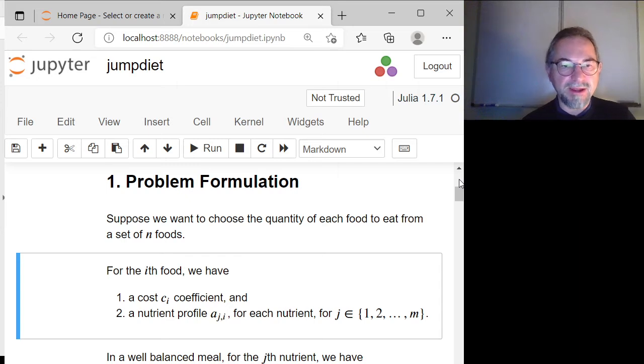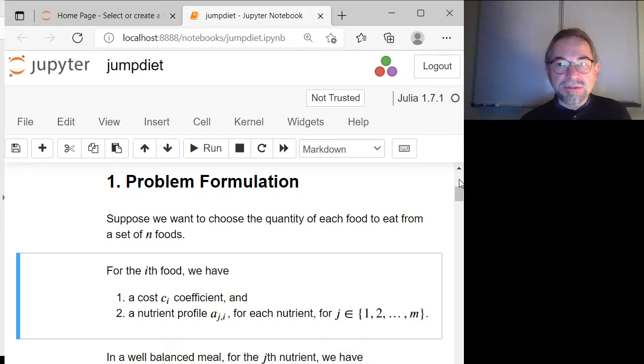So we have m for the nutrients and n for the foods. And we have coefficients. For every food, we have a nutrient profile. So how much does this food contribute?